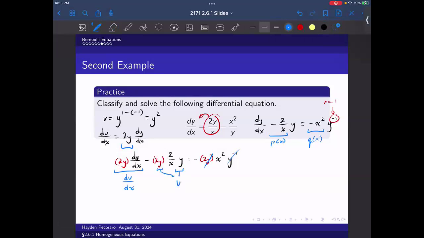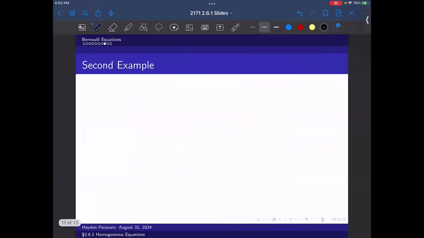There we go. Minus 4 over x, 2 times 2 there, equals minus 2x squared. All right, there's our linear equation. And we'll rewrite that here. dv/dx minus 4 over x, v equals minus 2x squared.